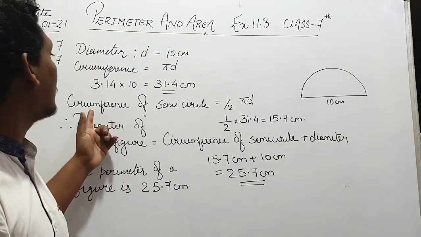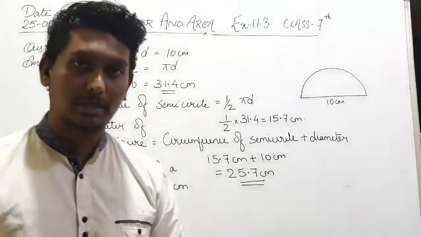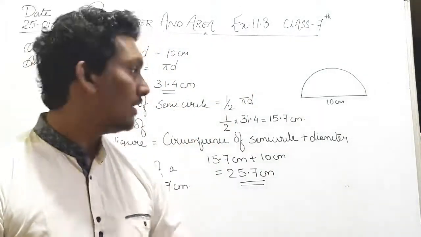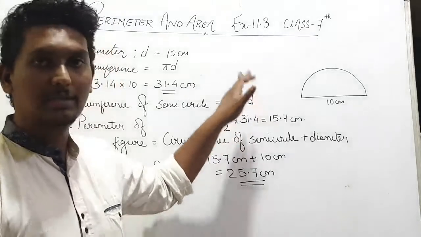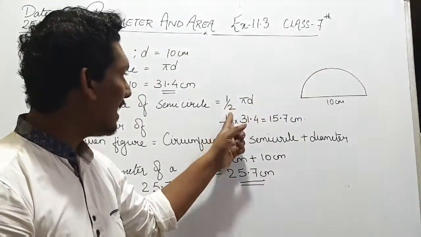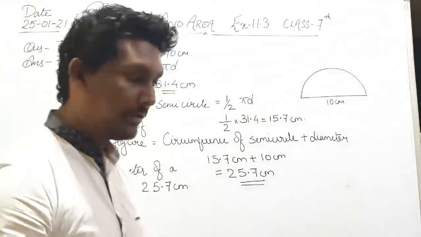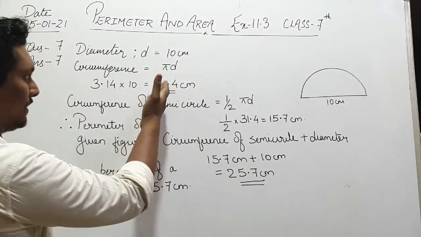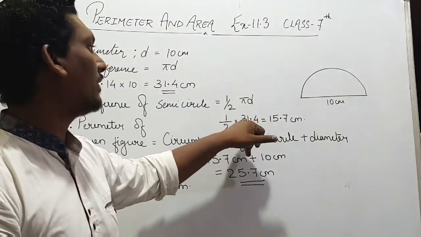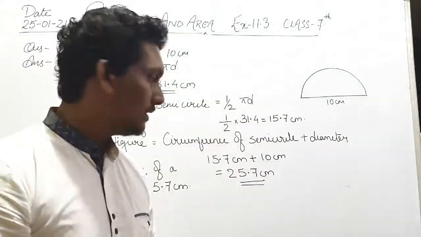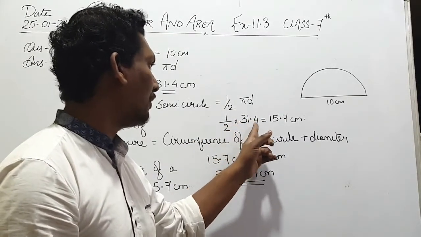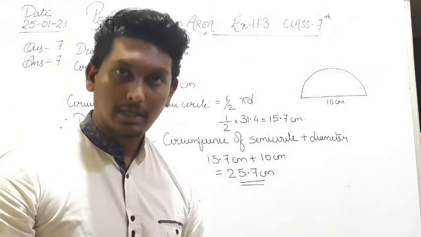We have to find the circumference of a semicircle. Semicircle means half of the circle, so the formula is half pi d. Pi d we already got as 31.4, so just take half of 31.4, and you will get 15.7.